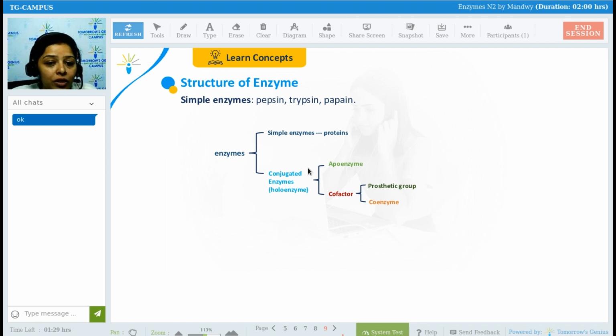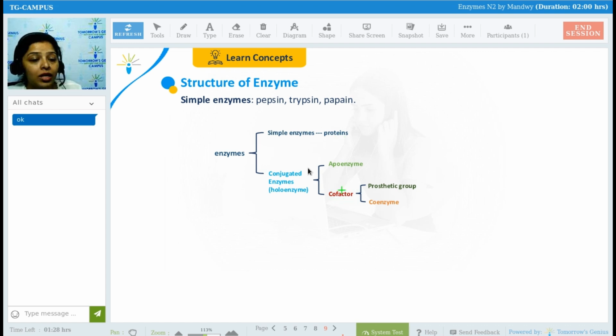Okay, another type of enzyme as per the structure is the conjugated enzyme. Conjugated enzyme is also called holoenzyme. Either it will be the apoenzyme or the cofactor. So these conjugated enzymes are made up of one or more polypeptide chains. Along with the protein, there are some non-protein substances, and that is cofactor.